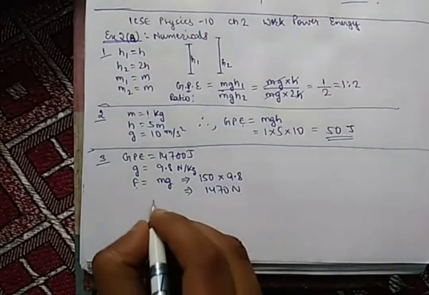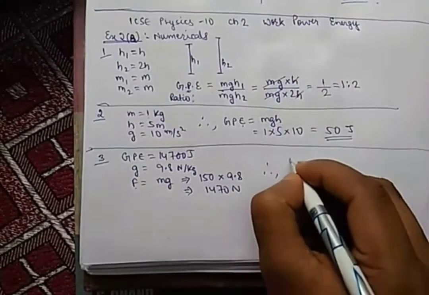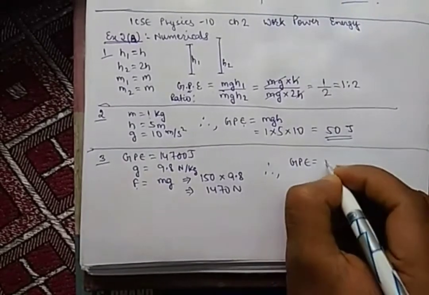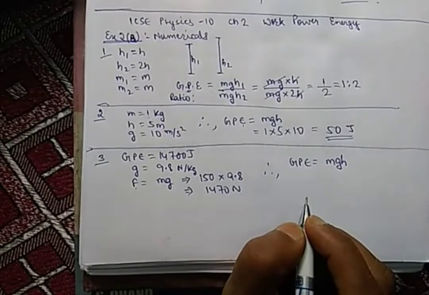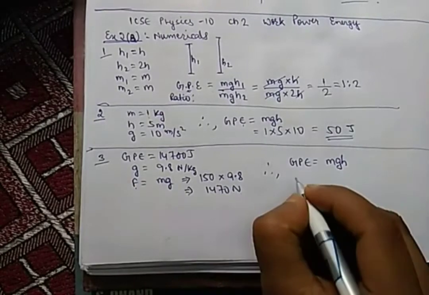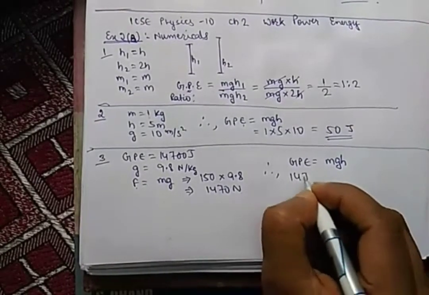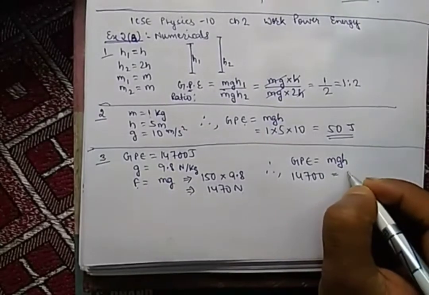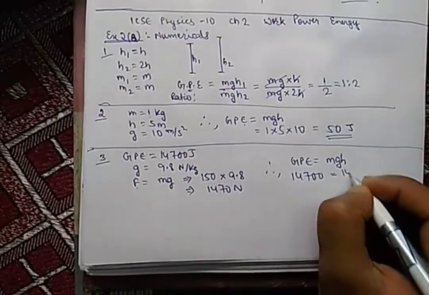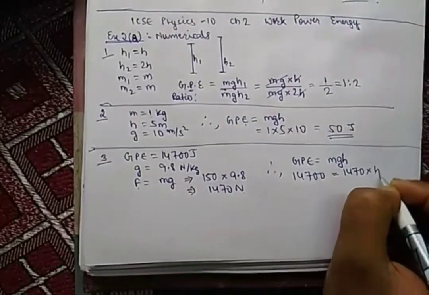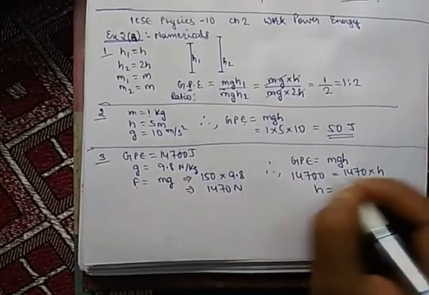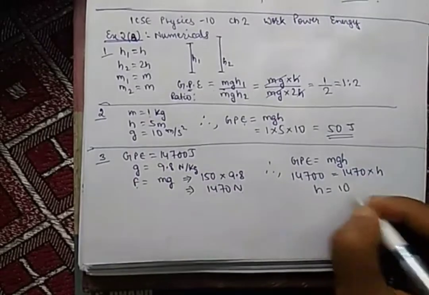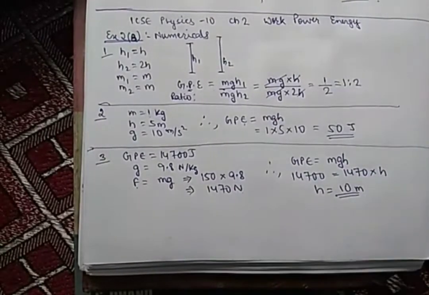Now, therefore gravitational potential energy is equal to mgh. All the other things are given, we have to find h. So potential energy 14700 is equal to 1470 into h. So h is equal to, see, it will get cancelled, only 10 will be left, so 10 meter.